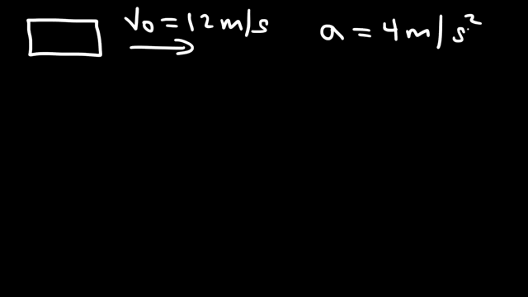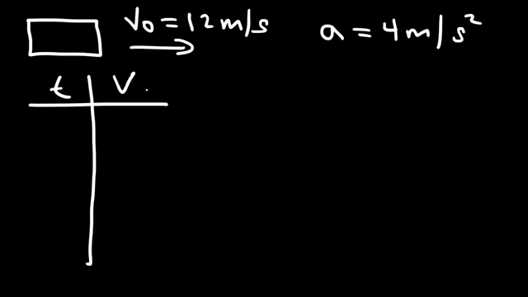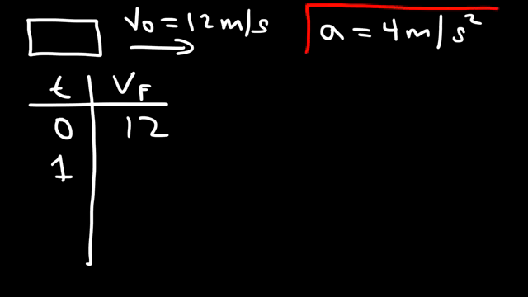So what does that mean? If we make a table and plot time and velocity, at t equals 0, this becomes the initial velocity, so it's 12. What will the velocity be 1 second later? Well, the acceleration tells us how fast the velocity is changing.